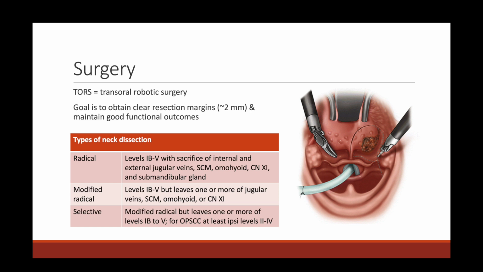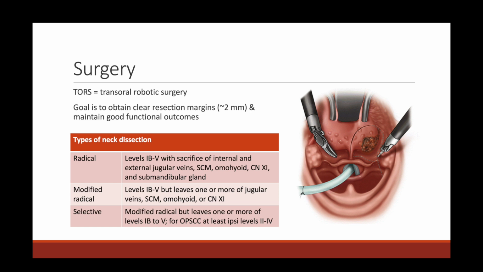And then the selective neck dissection is really a modified radical approach, but we might not fully dissect levels 1B through 5. What I have seen at my institution most commonly for oropharyngeal cancers, and generally head and neck cancers, is a selective neck dissection approach, tailoring which levels we go after based on what we know about the patterns of nodal spread.